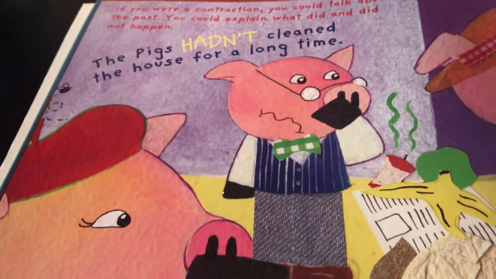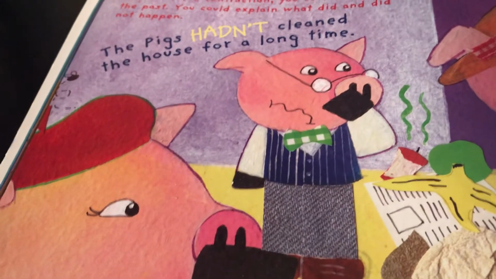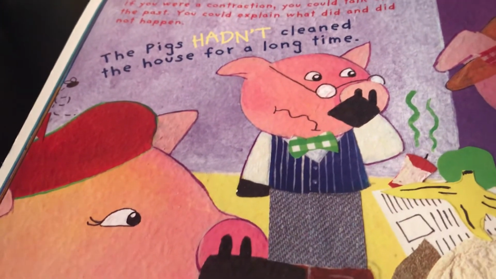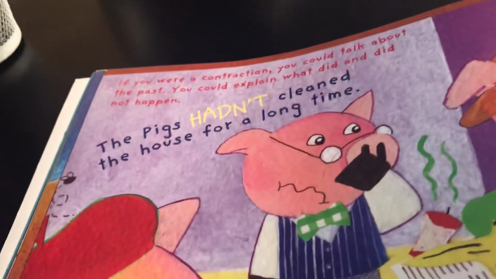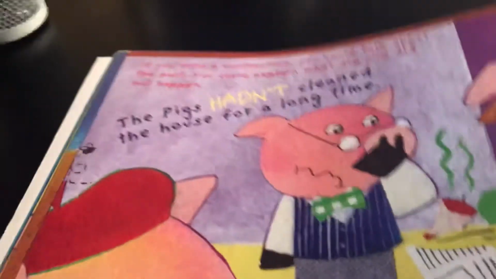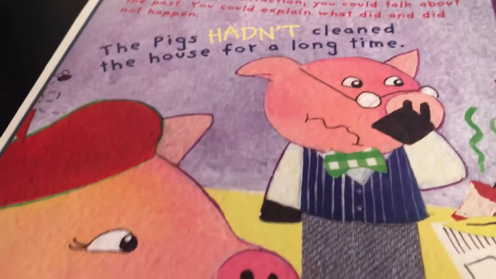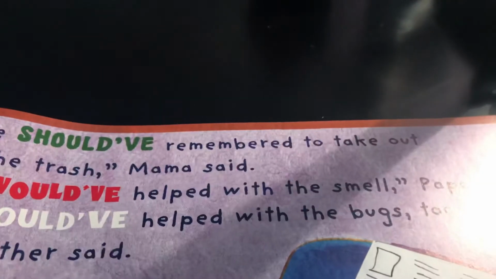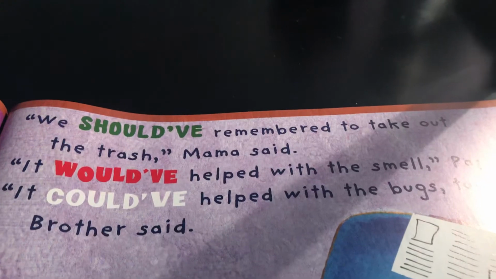If you were a contraction, you could talk about the past. You could explain what did and did not happen. The past is what happened behind you. The past is always behind you, like when you were little. The pigs hadn't cleaned the house for a long time. We should have remembered to take out the trash, Mama said.